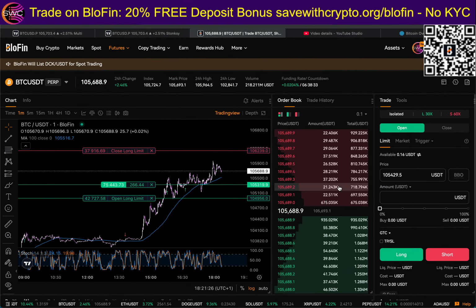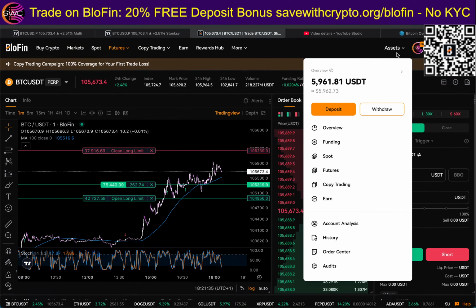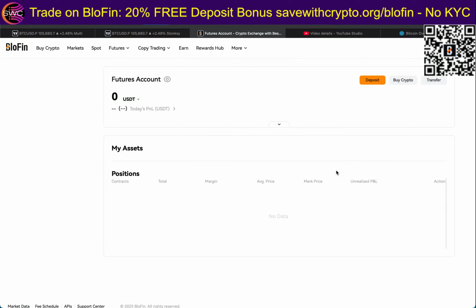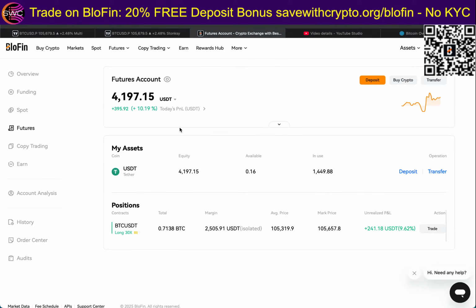Anyway, I will be doing a spreadsheet with this to monitor how it's all going. So I basically started off with $4,000 yesterday in the futures account, and I think I've got slightly above that now. Yeah, 4,197, which is not bad.